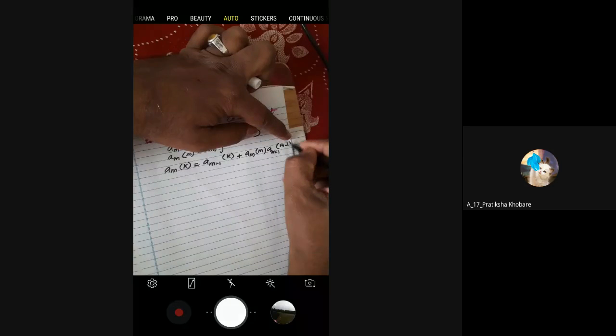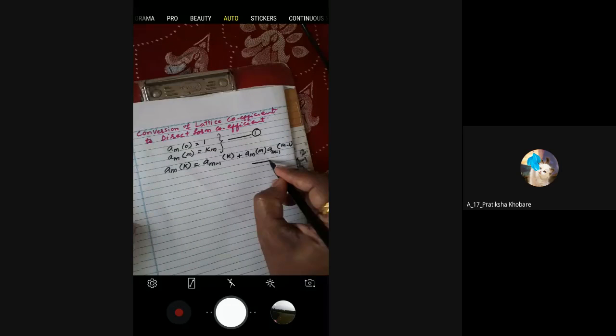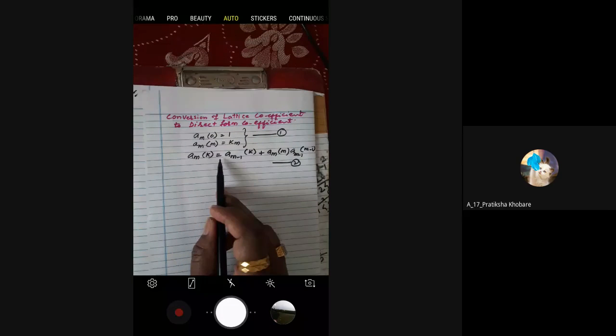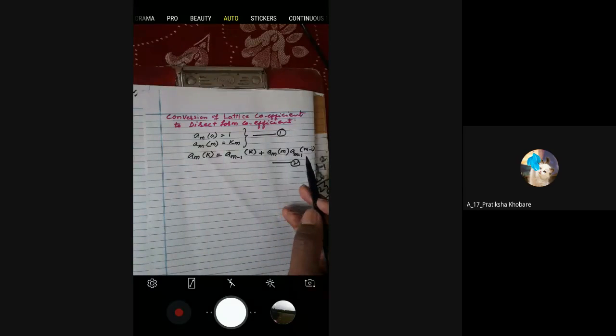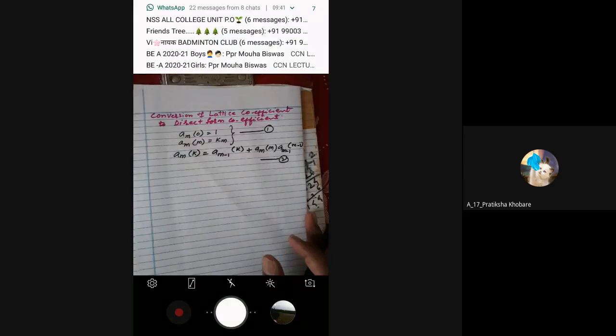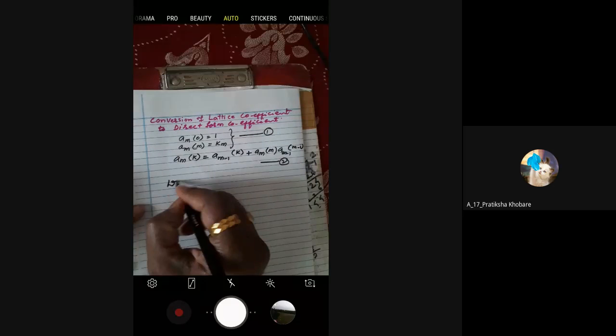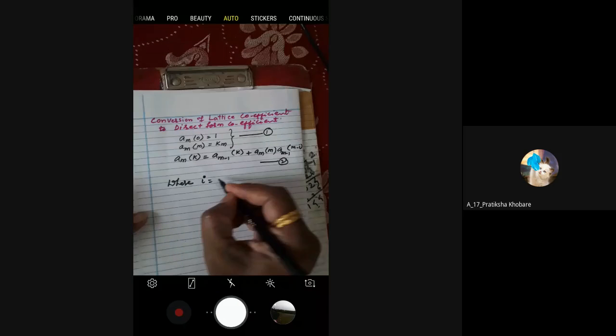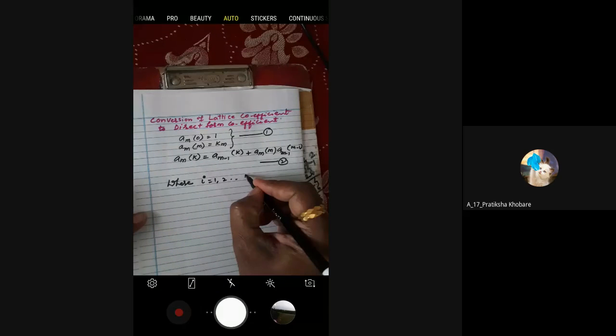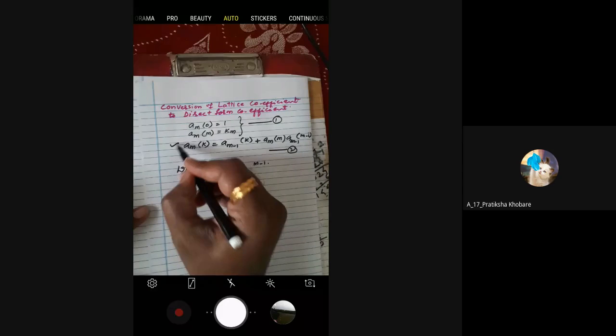Let us call it equation 2, where again we are taking k from 1 up to m minus 1. Only this is the change we observe here in conversion of lattice coefficients to direct form coefficients.